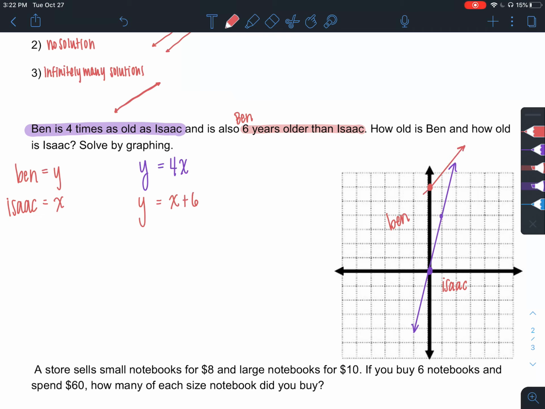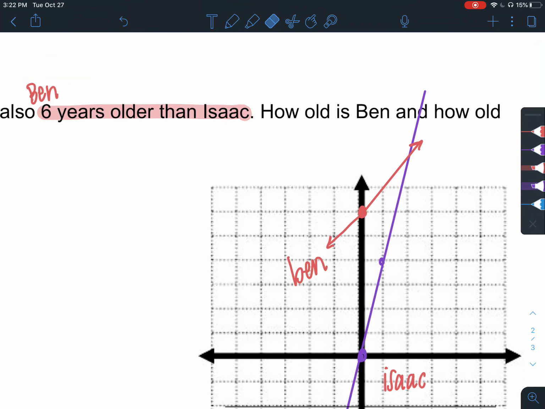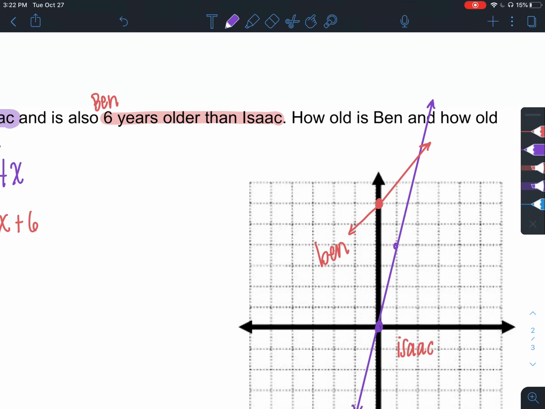Okay, so that means we got to extend this line up a little bit more. All right, so this right here is their intersection.